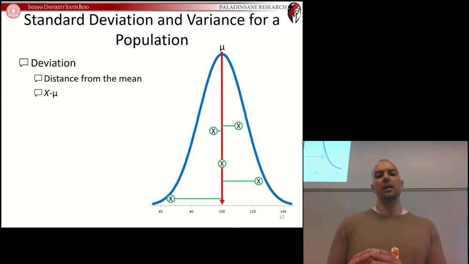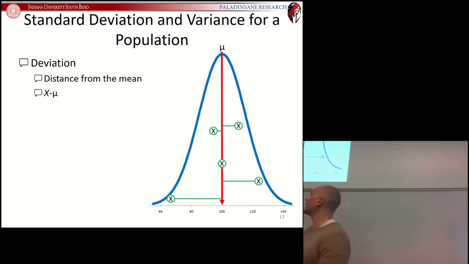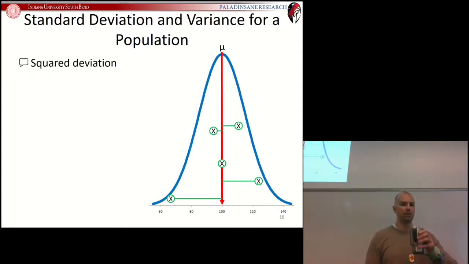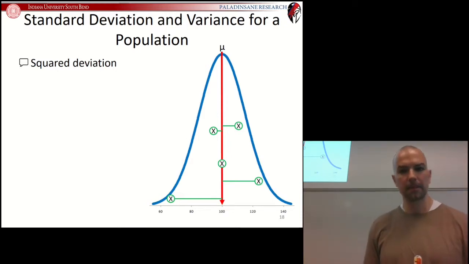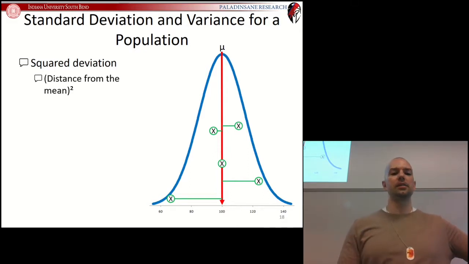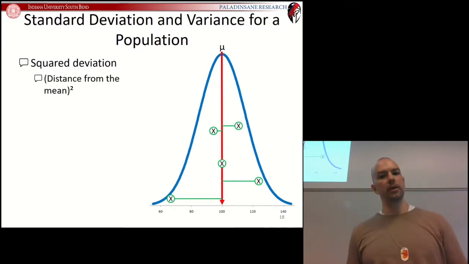So for reasons that are way beyond the scope of this course, and probably way beyond grad school stats, statisticians decided that the way they're going to get rid of these negative deviations is they're just going to square everything. So positive 3 squared equals 9, negative 3 squared equals 9. All of these deviations got squared, and we have our next concept, which is squared deviation. Squared deviation is literally what it says. It's the distance from the mean squared.